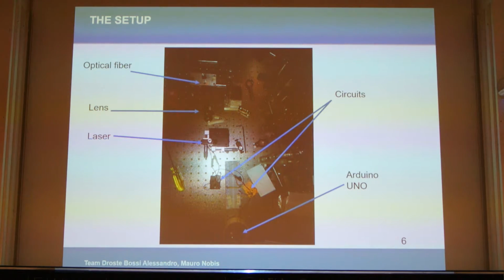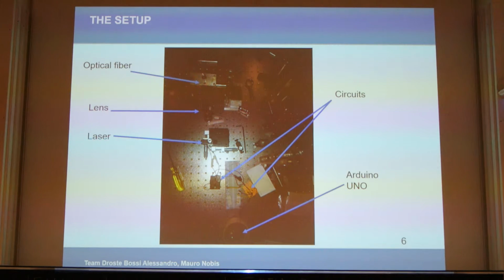We notice 3 main elements that we did not discuss before. The first one is the optical fiber. The reason is that we wanted to change the distance without using mirrors and have a long distance for our length, and the optical fiber was the best solution to our problem.